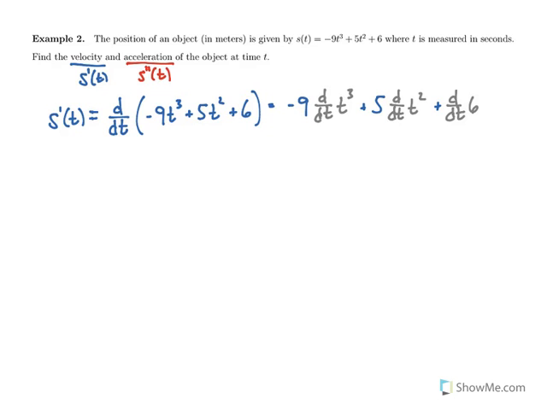Breaking it up over addition and subtraction, taking constants out in front. And this will give me a negative 9 times 3t squared plus 5 times 2t plus 0, and this will be negative 27t squared plus 10t.